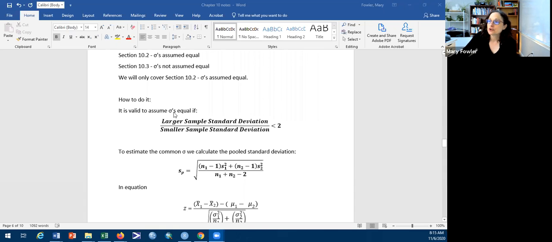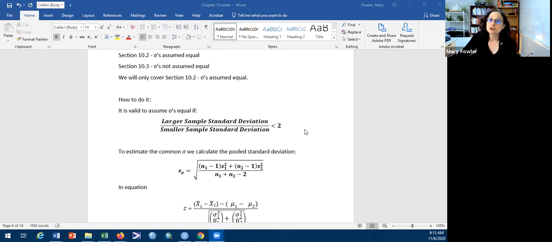When is it valid to assume that the standard deviations are equal? When is it valid to use the procedure that I'm about ready to present to you? It's valid if we look at the larger sample standard deviation divided by the smaller sample standard deviation, and that ratio is less than 2.